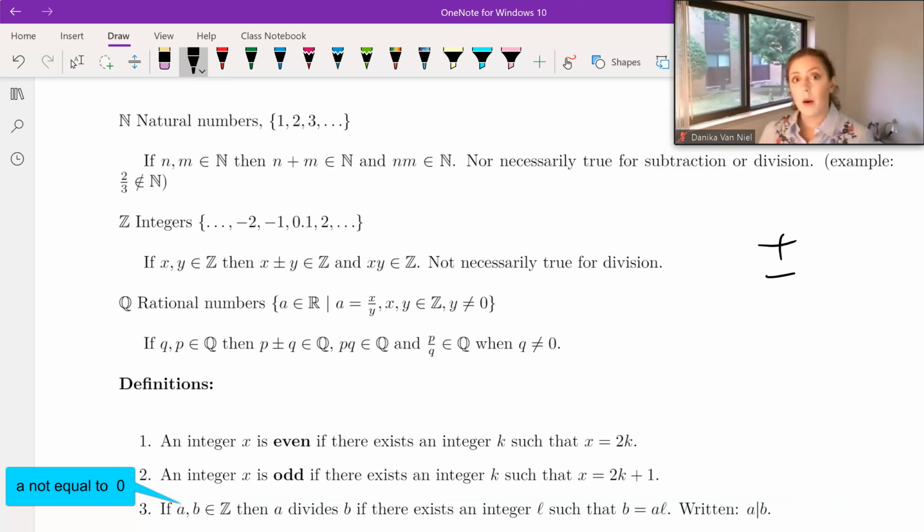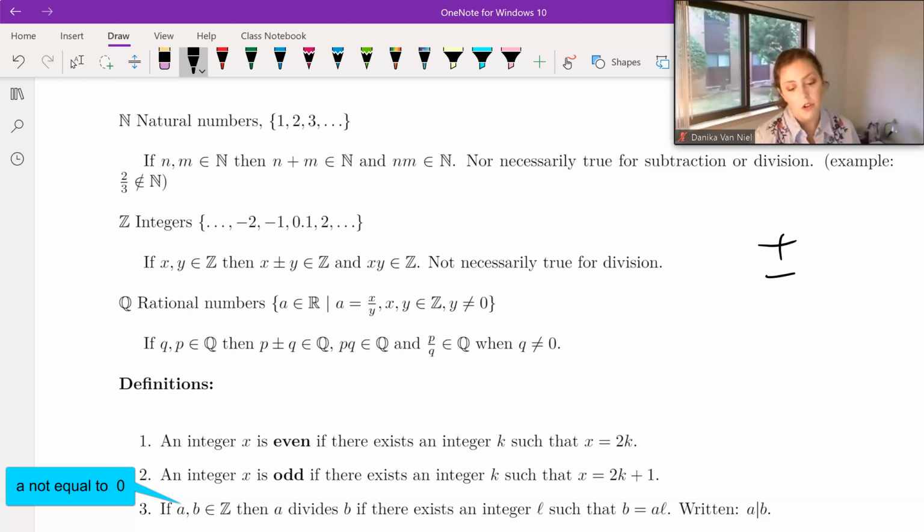Okay, and then a couple of definitions that we're going to need throughout this class that are very important. An integer x is even if there exists an integer k such that x equals 2k. So 0, 2, 4, 8, 16. 16 is 8 times 2, and 8 is an integer, so that means it's even.